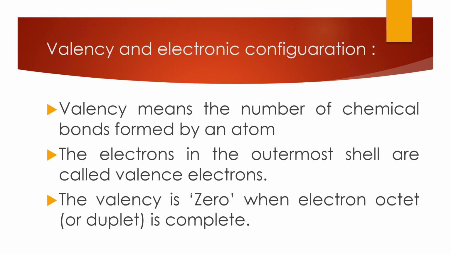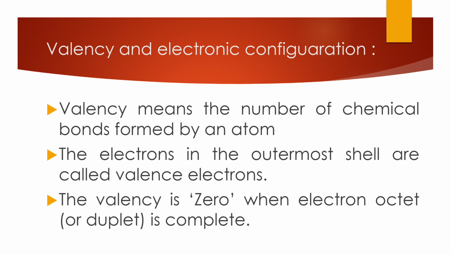The electrons in the outermost shell are called the valence electrons. Whatever electronic configuration we have learned, how many electrons are there in the outermost shell? Those are called the valence electrons. For example, sodium, the electronic configuration is 2, 8, 1.